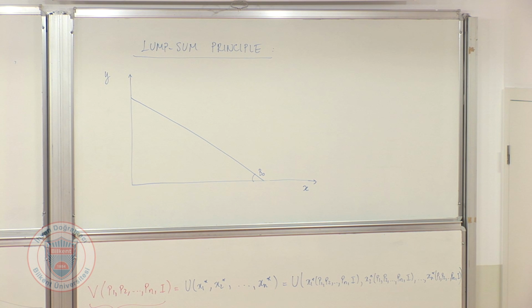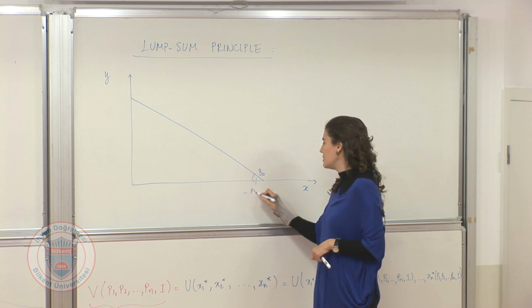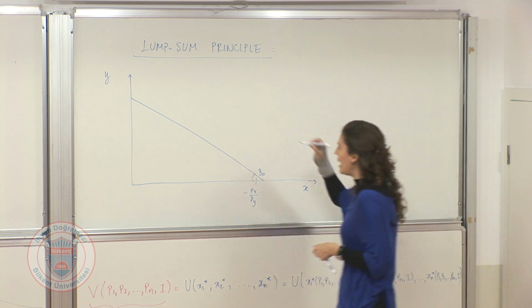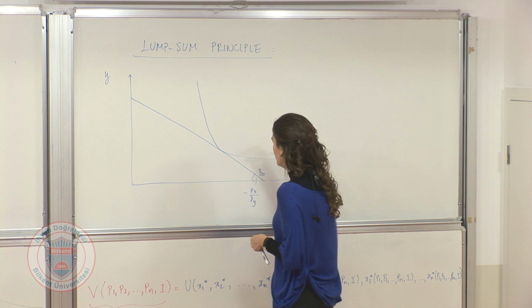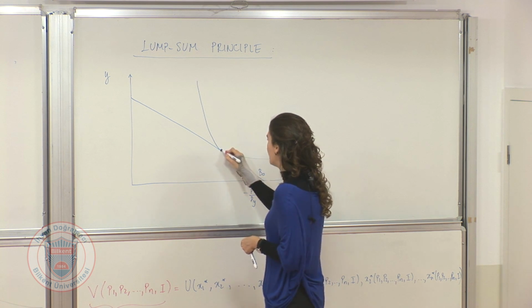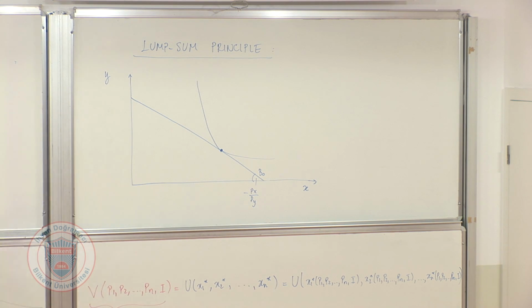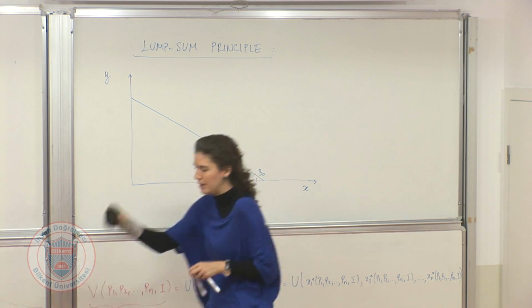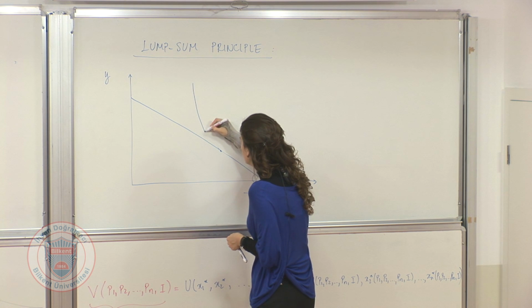Minus px over py, right? So the slope here is minus px over py. And suppose in this case, we can actually have this here. It doesn't have to be, it can be anywhere, but let's actually have this, okay?